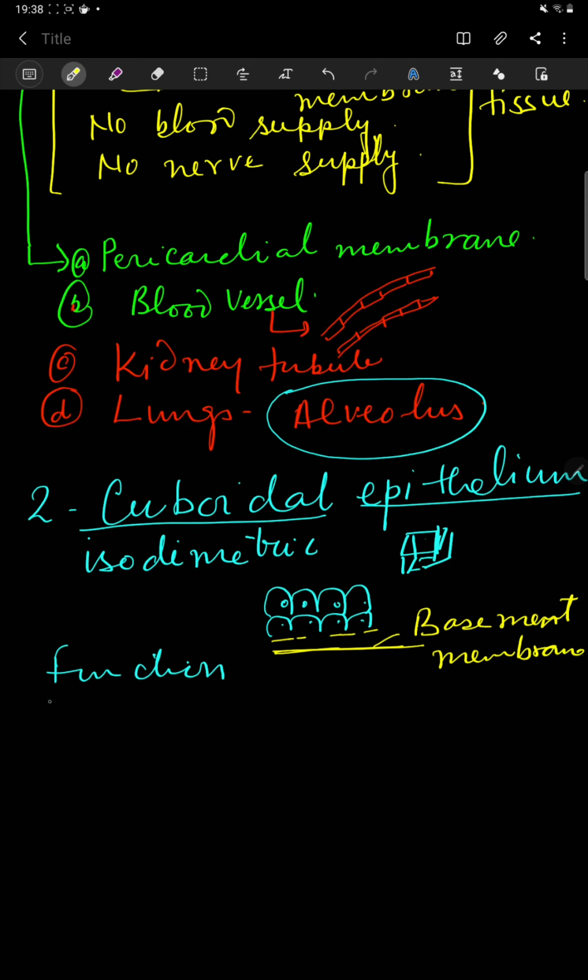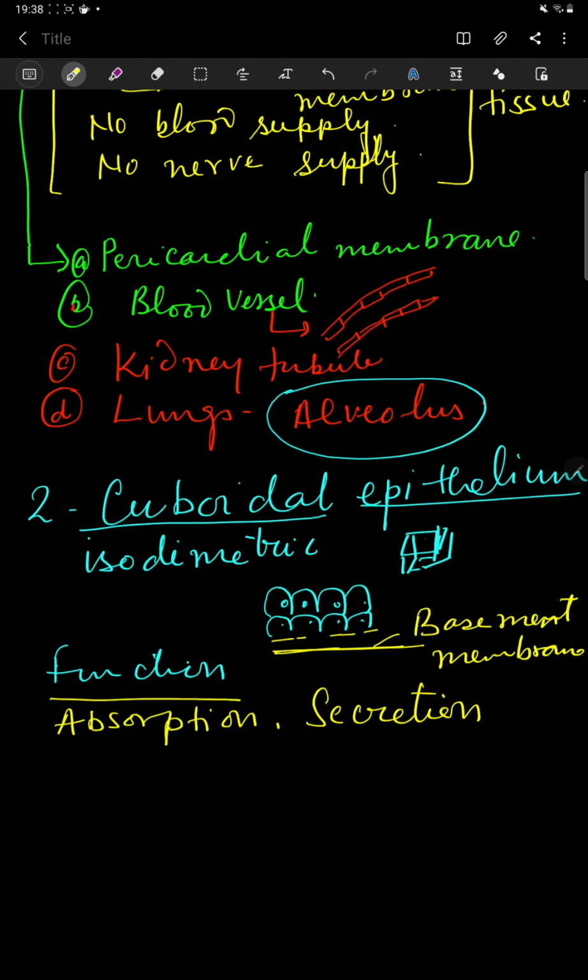Now let us come to the functions of cuboidal. So basically the main function of this cuboidal epithelium, number 1, is absorption. Let us go one by one. See, this is absorption. That means if that organ or tissue wants to absorb something, the absorption will be there. And then, after absorption, it is also there for secretion, like enzymes, like any secretion.